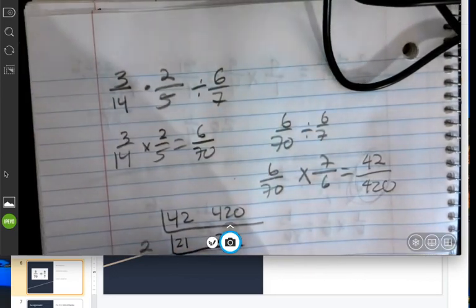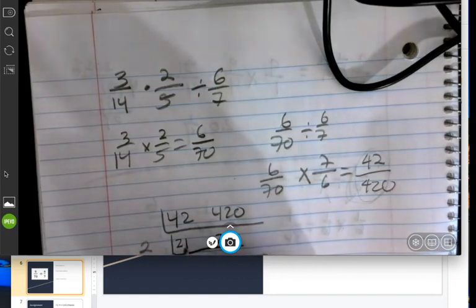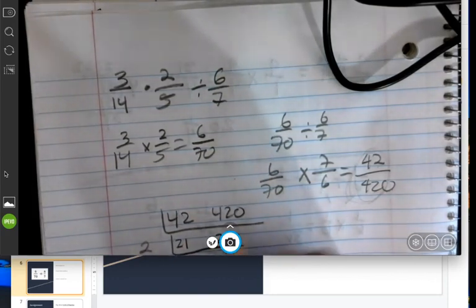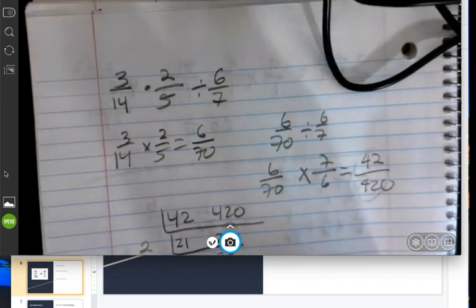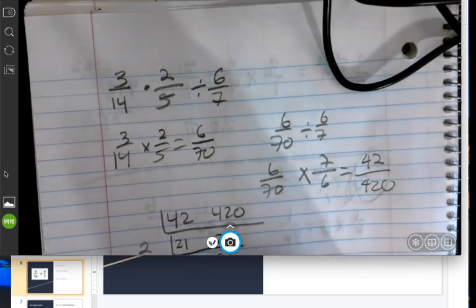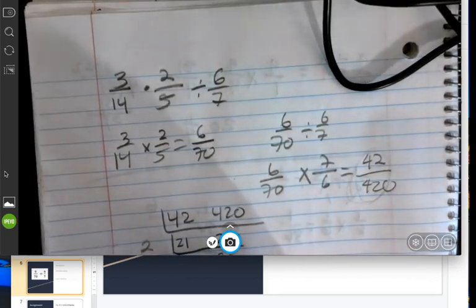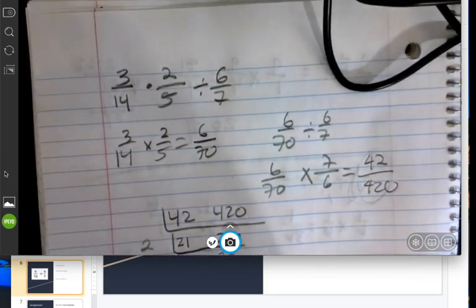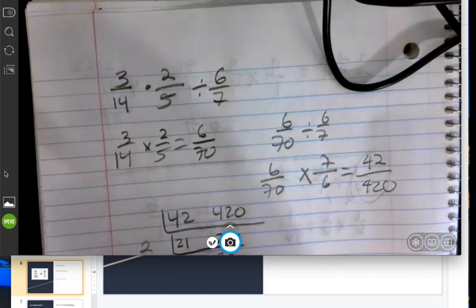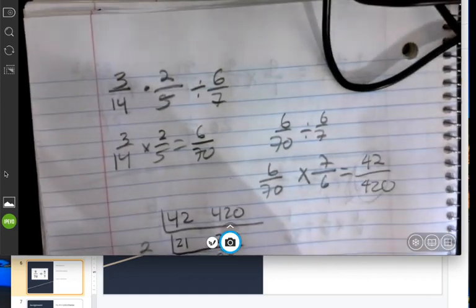I can divide it by 3. 21 divided by 3 is 7. 210 divided by 3 is 70. Okay. 7 is now a prime number, and we have 7 and 70. But we can divide it by 7. If I divide by 7, 7 divided by 7 is 1, and 70 divided by 7 is 10.